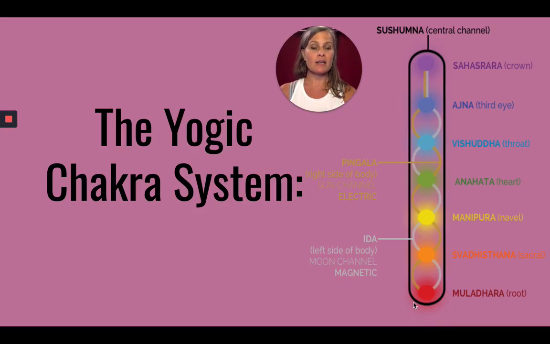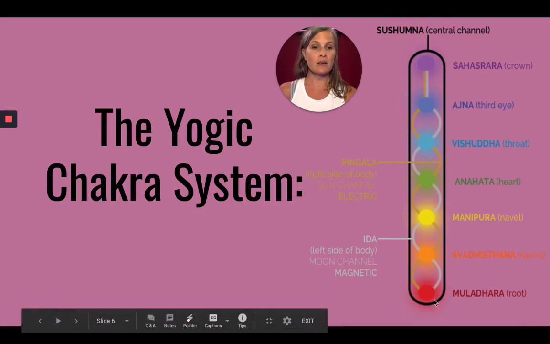Then we have the Ida, coming out of the left side of the root chakra and weaving its way up, coming together here with Pingala at the 3rd eye, Ajna chakra, and then moving up the Sushumna to the crown chakra together with Pingala.